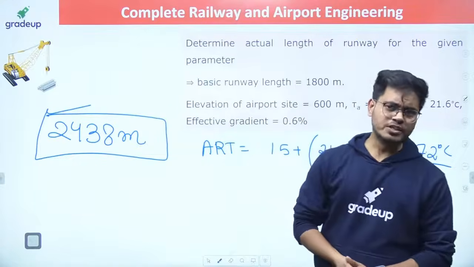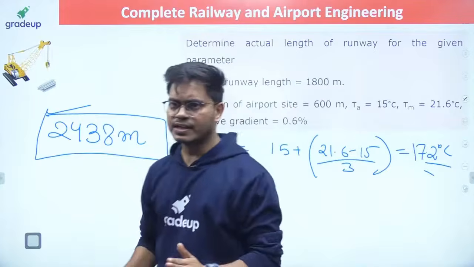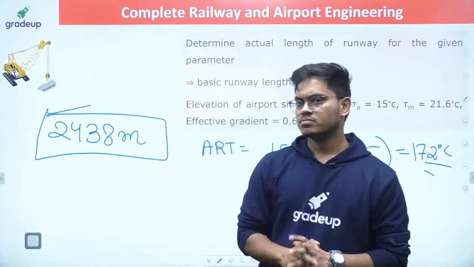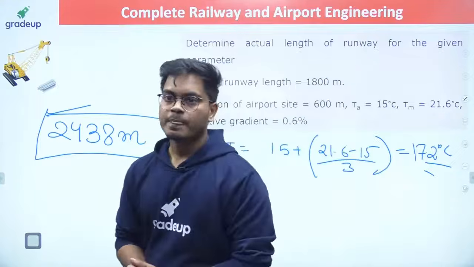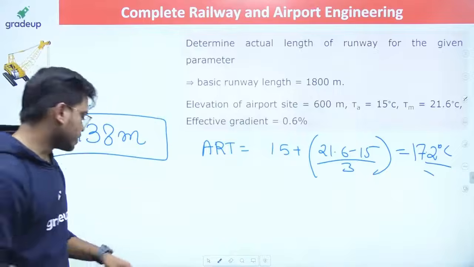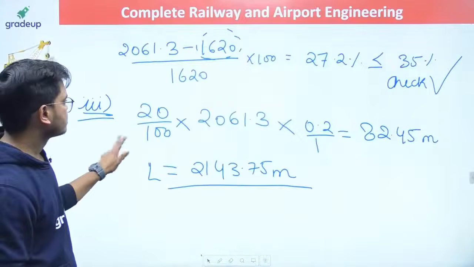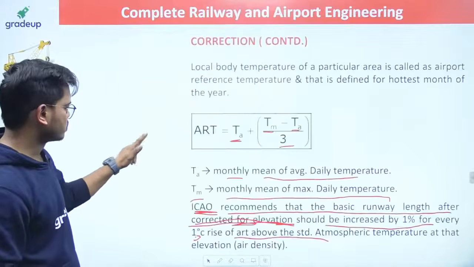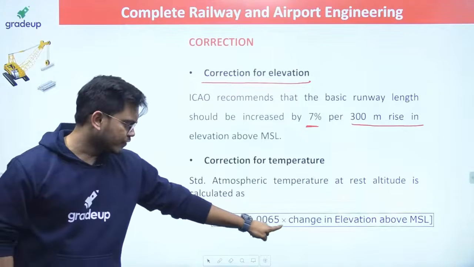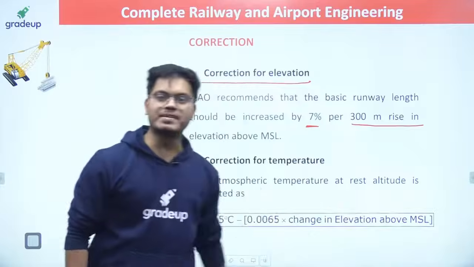And guys, now please revise the whole thing again and then try to solve the previous year question and just get the value. Okay, standard atmospheric temperature. This is the value, no? I have told you here also. This is 15 minus 0.0065 into change in elevation above MSL.